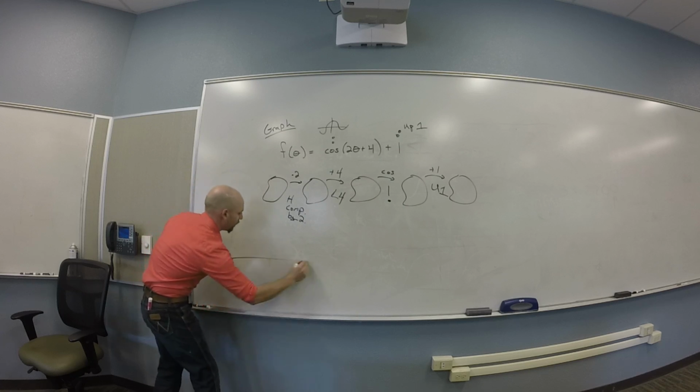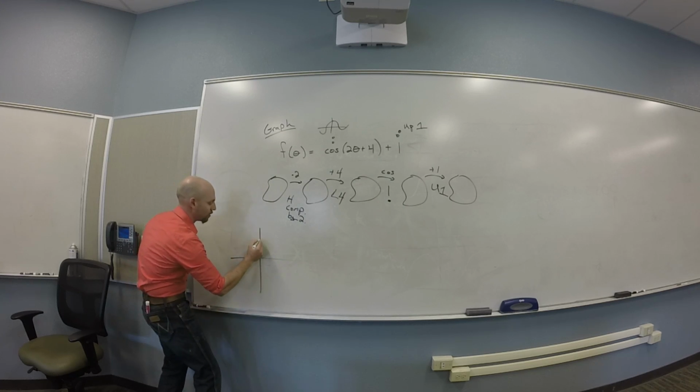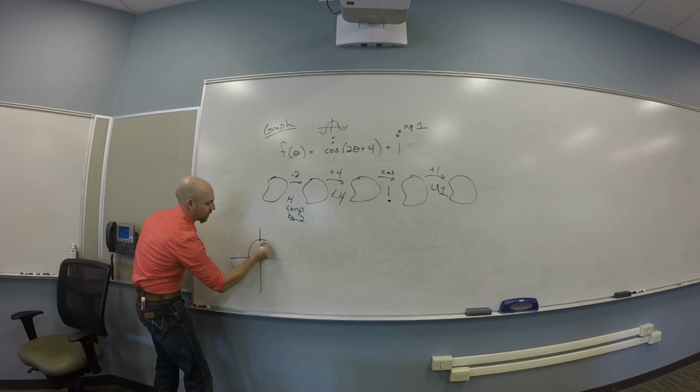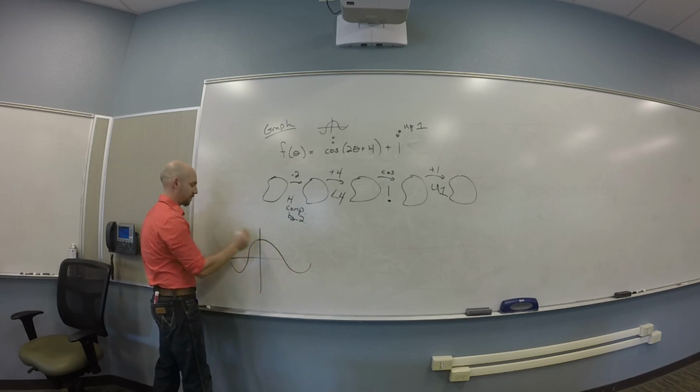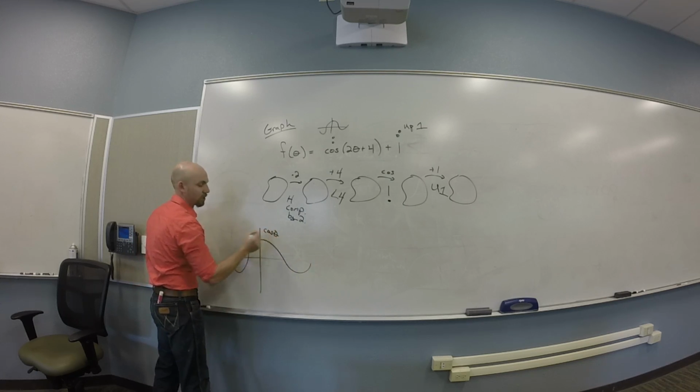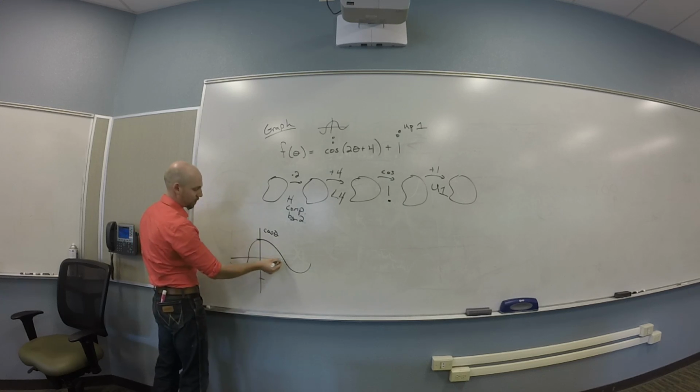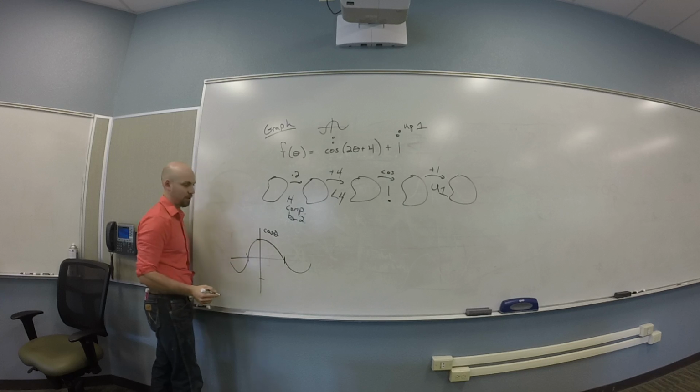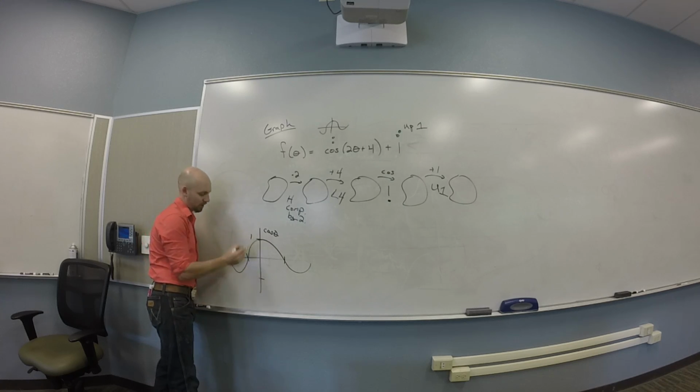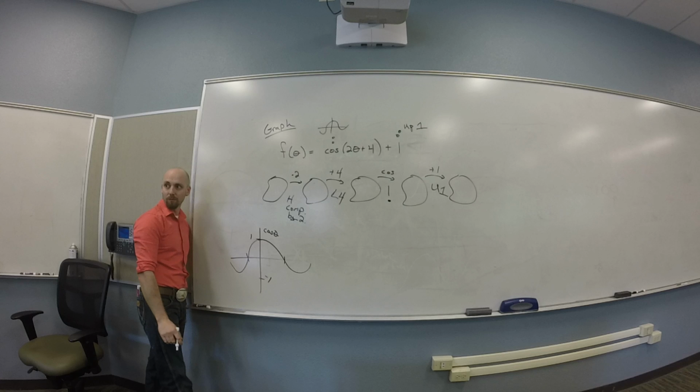Okay, first steps first, I'm going to start with my cosine. So there's my regular old cosine theta. Where's the top and the bottom? 1 and negative 1.